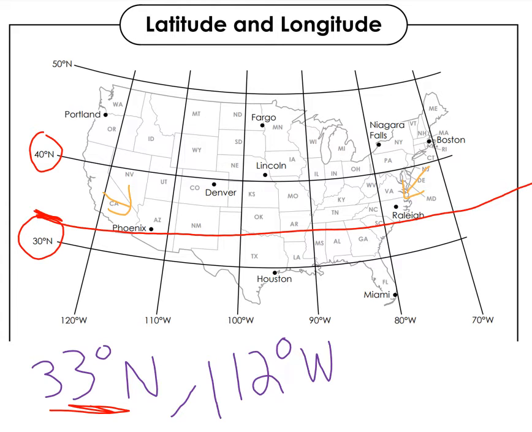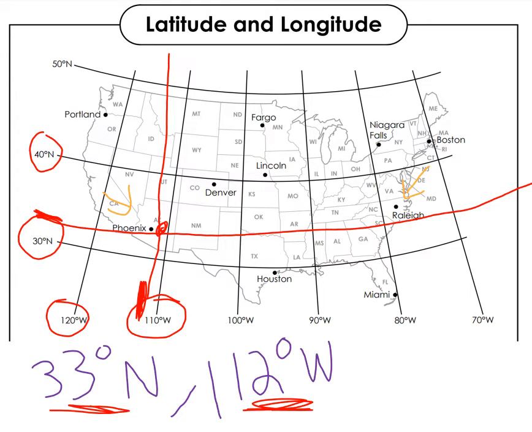All right, the only way to figure out which one it probably is is to do the other line, which is 112 degrees west. Okay, so I have to look at 112. I know it's bigger than 110, but it's smaller than 120, and so I know that my 112 is going to be somewhere around here because it's two more than 110, and I go up and look at where my two lines cross.